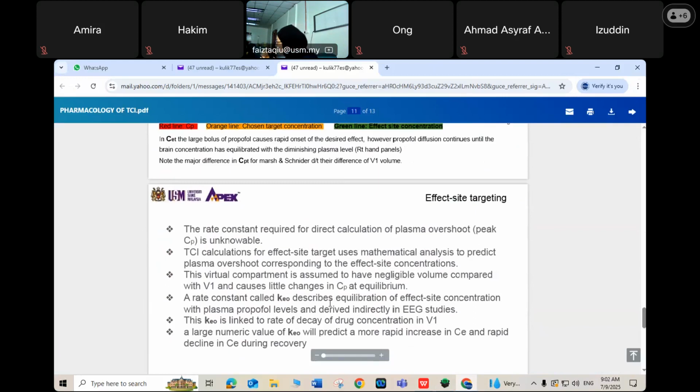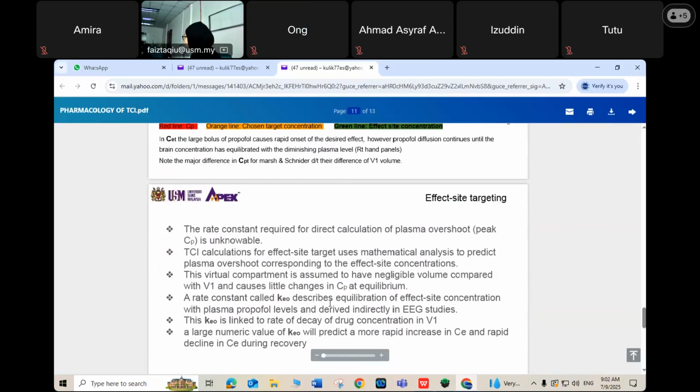Ataupun volume tu. Maybe by 1 mils, 1.5 mils, you nampak ada adjust sikit-sikit. So that's because there's an auto adjustment by the machine at the V1, where we give the drug lah. Kan?